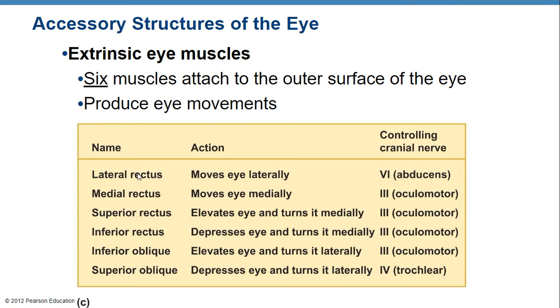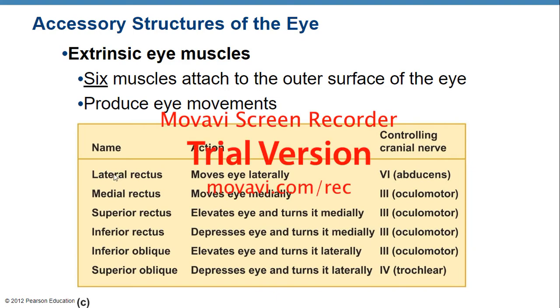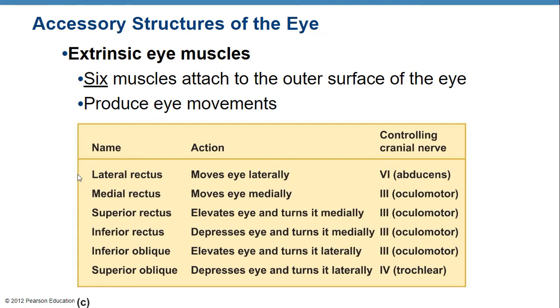Pretty much whatever's before the word rectus is telling you the action. Because rectus attaches straight to the eye, lateral rectus is going to move the eye laterally. Okay, medial rectus moves the eye medially.